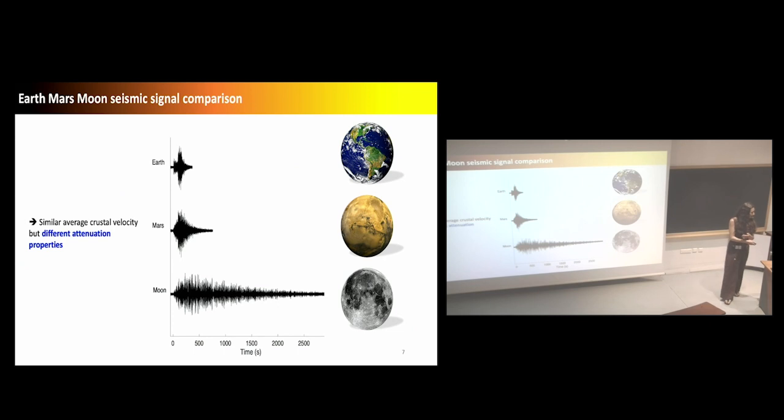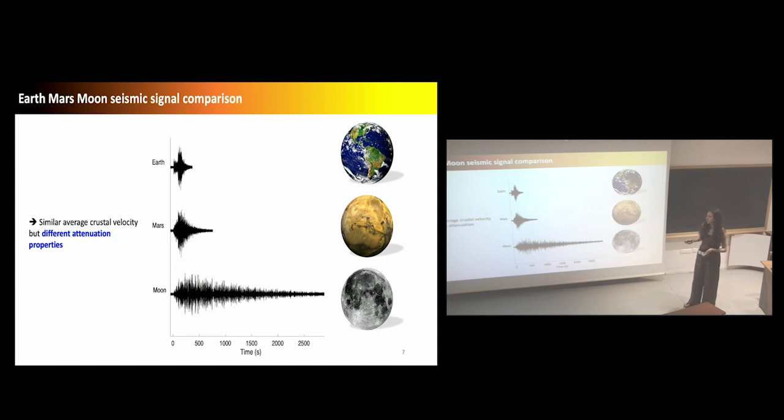So if we go to here, with this mission, we were actually able to make the first comparison between 3 telluric objects. So we have the Earth, Mars, and the Moon. And you can see here an example of seismic records on the 3 telluric objects. Each event that I selected here had a similar epicentral distance to the station, and they are all shallow impacts.